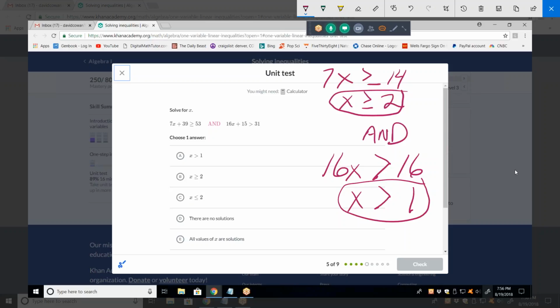No, I got that wrong. Both of them need to be true. If I had an x of 1.5, the first one wouldn't be true. If I had an x of 3, they're both true. So what x do I have to make both of them true? x is greater than or equal to 2. Yes.